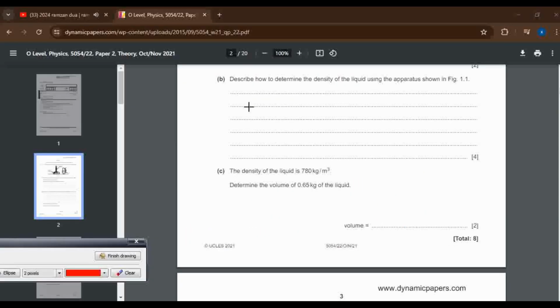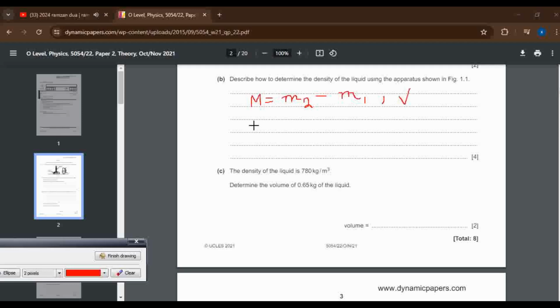Let M1 be the mass of the empty cylinder, and M2 the mass of the cylinder with liquid. Then the mass of the liquid, M, is equal to M2 minus M1. This will give you the mass of the liquid. Volume V we can find by the measuring cylinder.